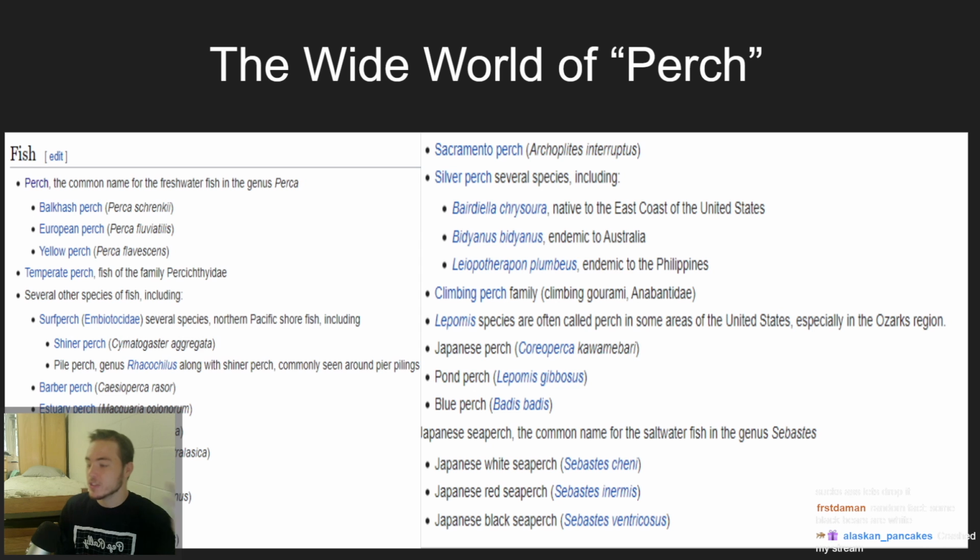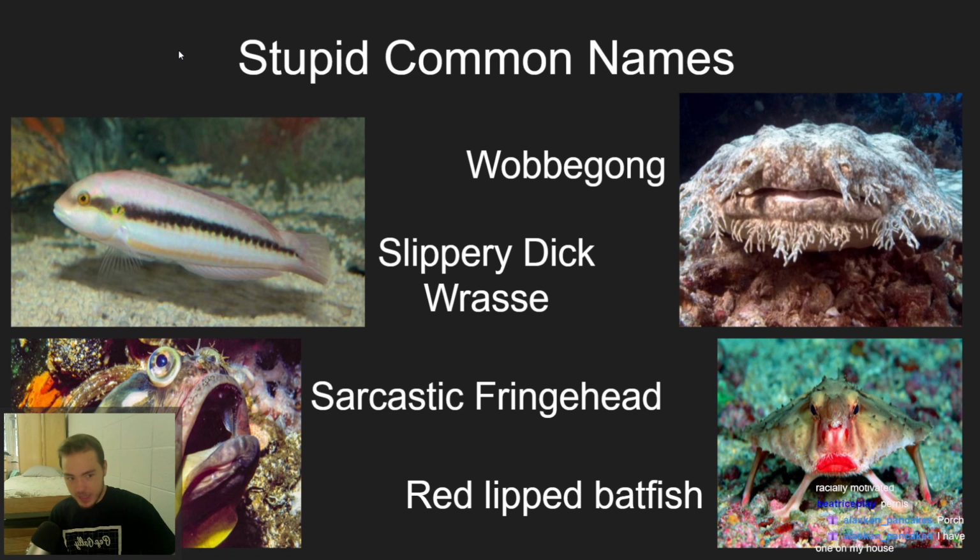And so in addition to common names being confusing by the fact that we name things too often with the same names, another fun thing is that whoever discovers the fish generally gets naming rights, or the common names sometimes come from cultures, okay? So we get some pretty stupid names for fish sometimes. Here's some of my favorite.